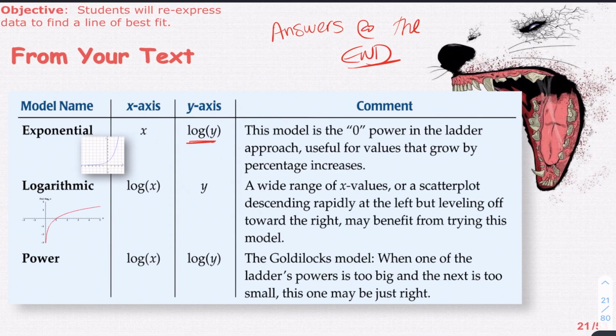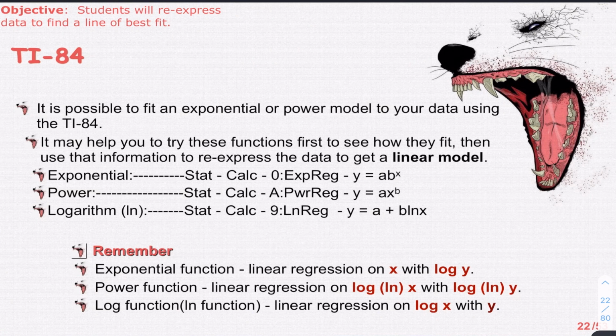Now, this might seem like an inexact science, and it really is, because there's no perfect way of fixing curvilinear functions. This is the art of statistics, where we're just trying to go through each part and see what works. So if you go to your calculators, whether it's the TI-Nspire or the TI-84, it is possible to fit an exponential or power model to your data using the calculator.